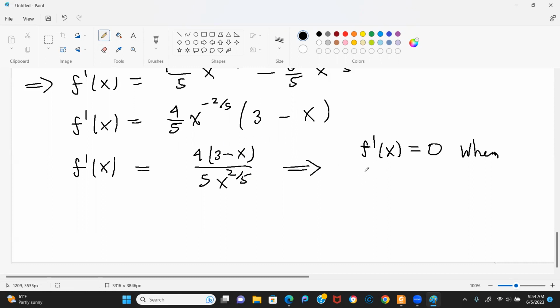That will imply that x is equal to 3. So when x is equal to 3, the derivative will be 0. You just set the numerator equal to 0 and solve for that. And f prime of x does not exist when x is equal to 0.